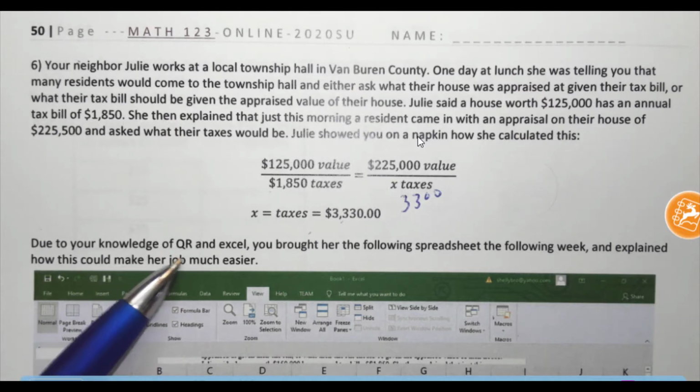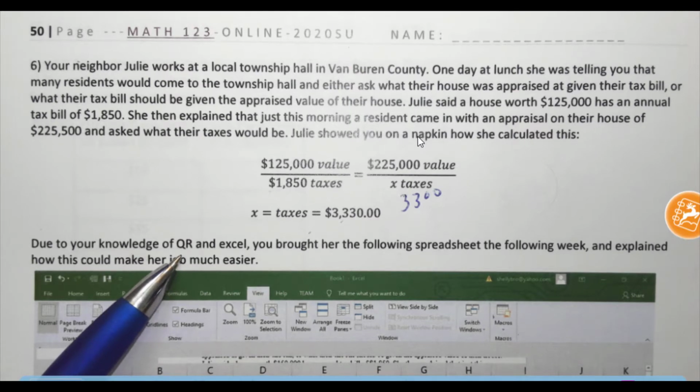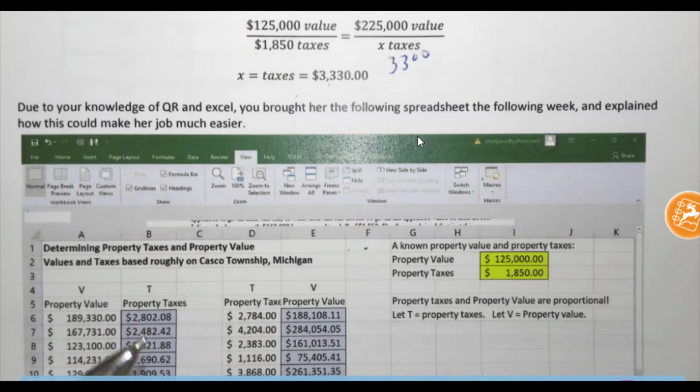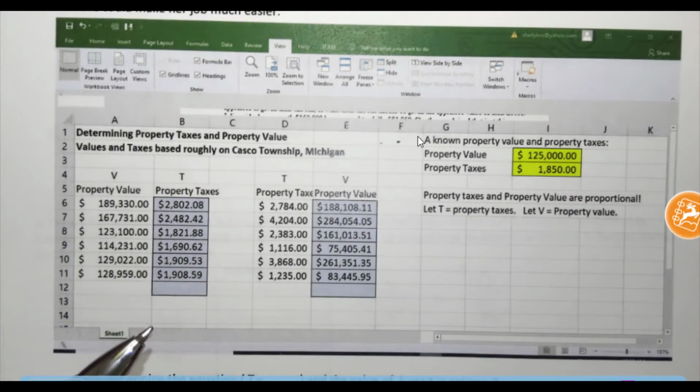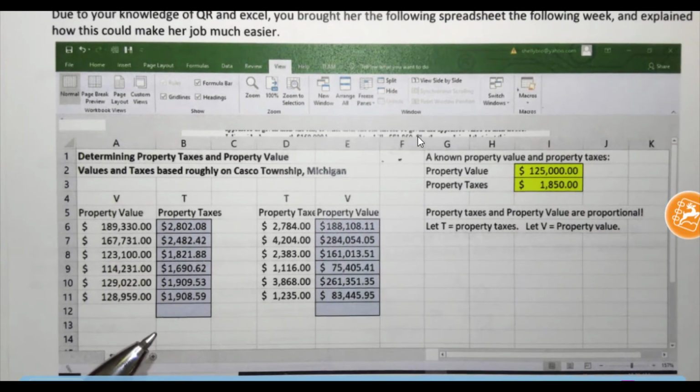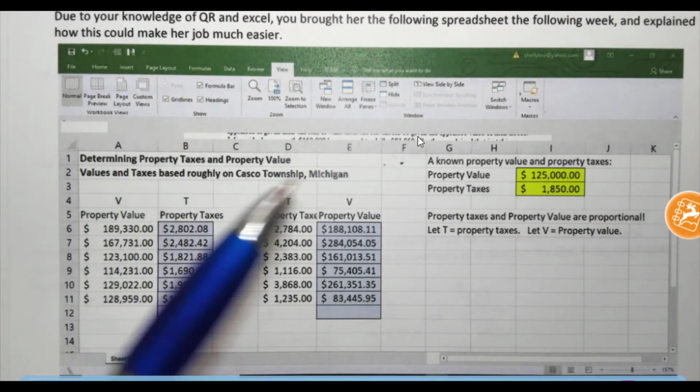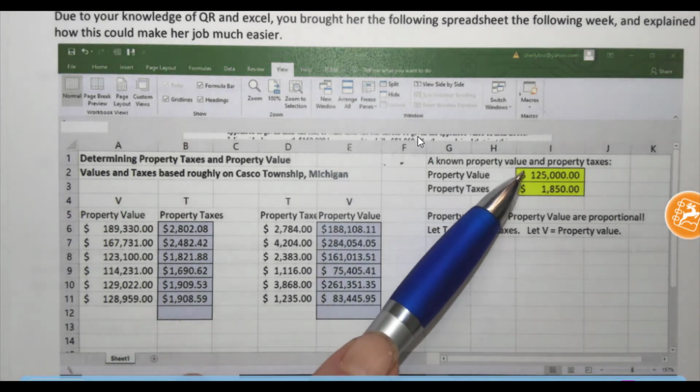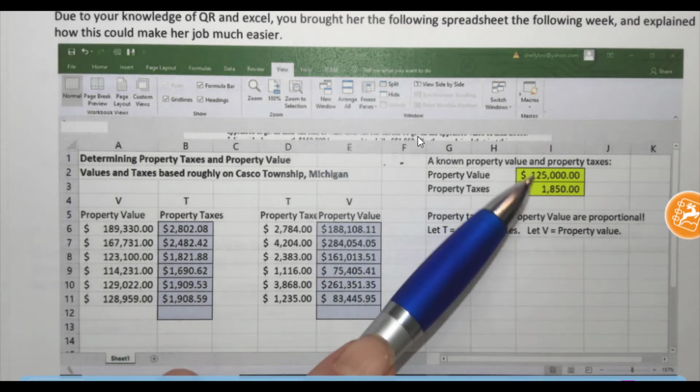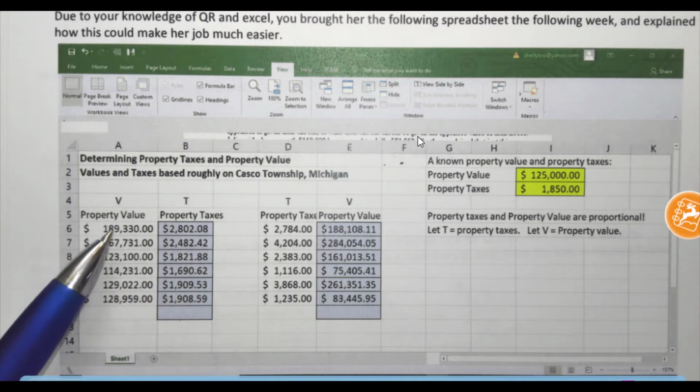Due to your knowledge of QR and Excel, you brought her the following spreadsheet the following week and explained how this could make her job much easier. So let's look at the spreadsheet, which is right here. There's the known value that she was using, property value and taxes.